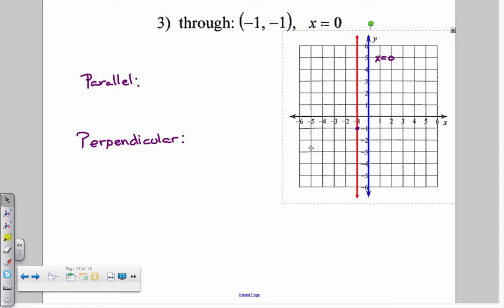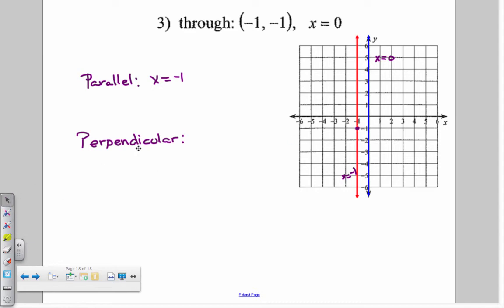The red line is the line x equals negative 1 because it goes through the value x equals negative 1 at all points. So our parallel line here is another x equals, and we're just choosing the x portion of our point, negative 1.